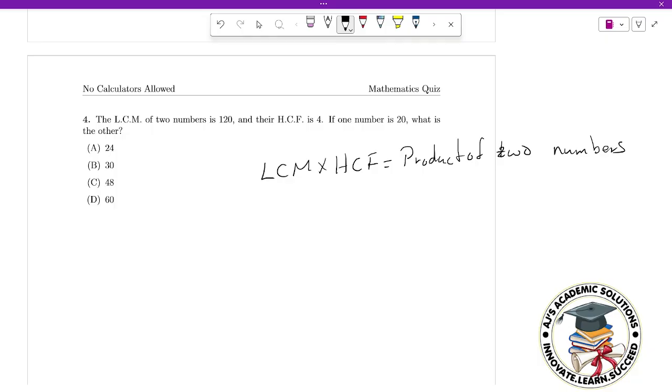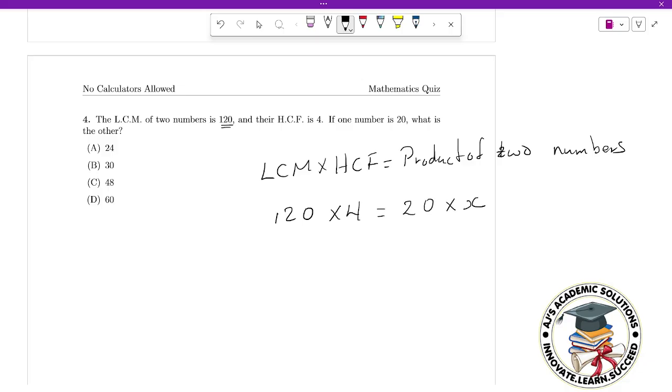So the LCM is 120, and the HCF is 4. And if one of the numbers is 20, what is the other number?